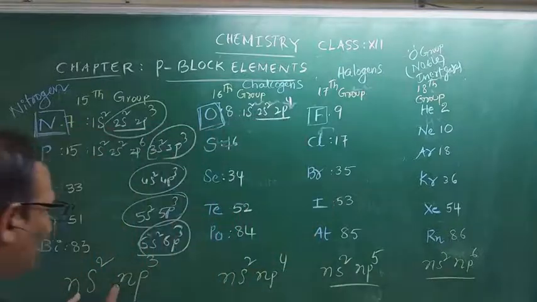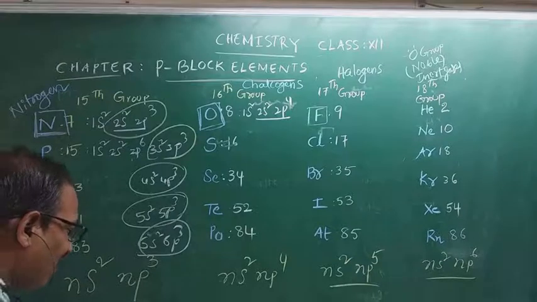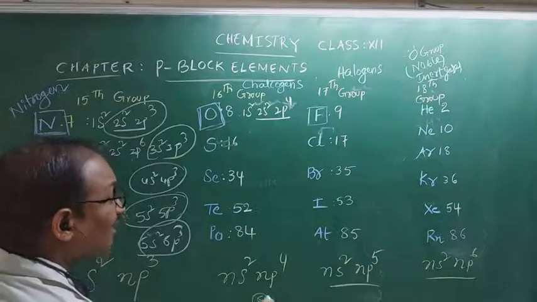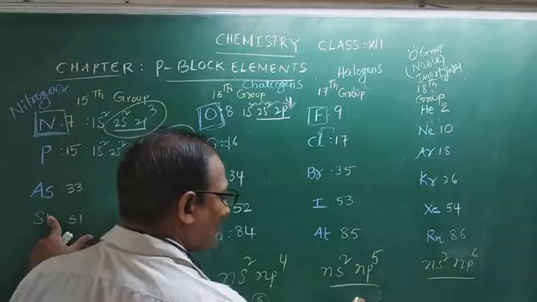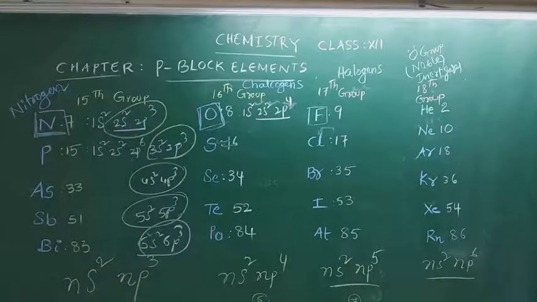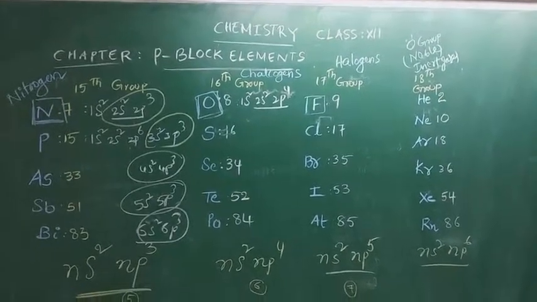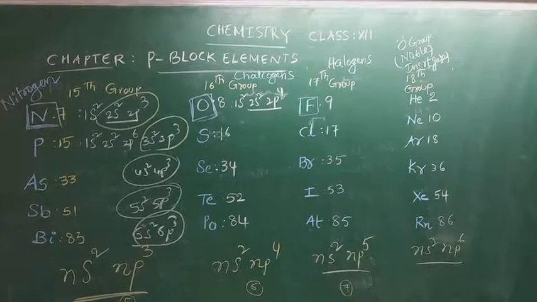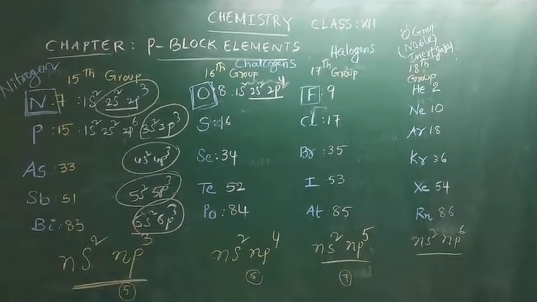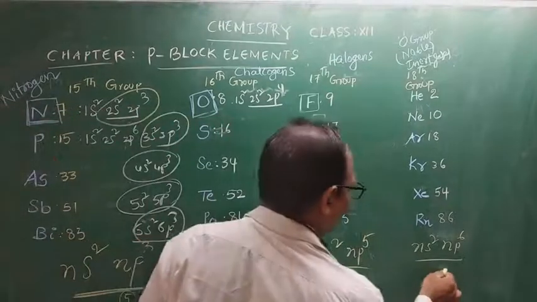Understood? ns2 np3, 3 plus 2, 5, 15th group: 5 valence electrons are present. 6 valence electrons are present in 16th group. And 7 valence electrons are present in 17th group. And 8 valence electrons are present in 18th group.